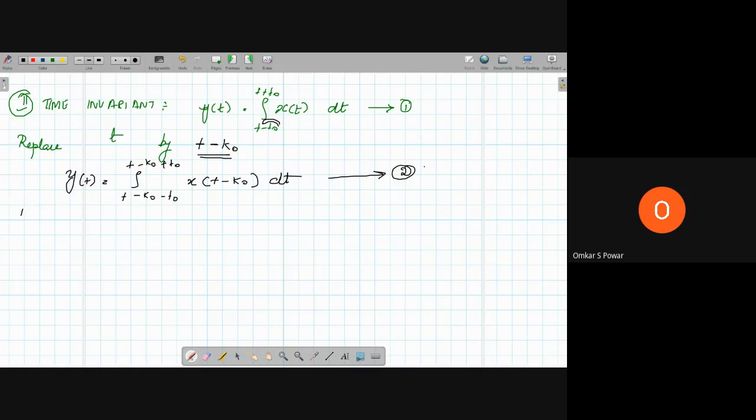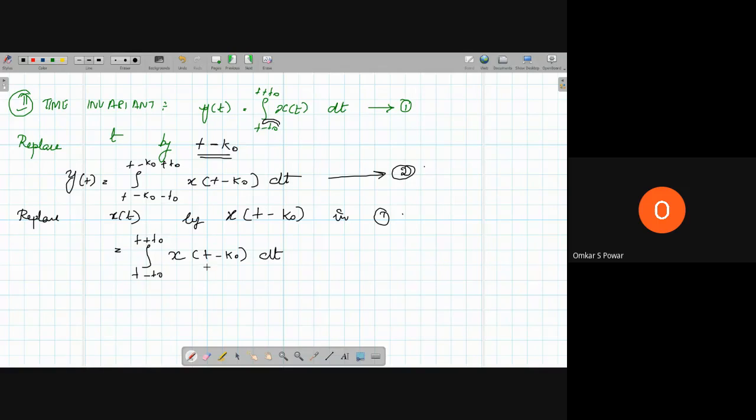Now we should replace x of t by x of t minus k naught in 1. So what we will get? We will get the integral, and the limits will remain as they are because we are not replacing t, we are replacing it only for x. So x of t minus k naught into dt.